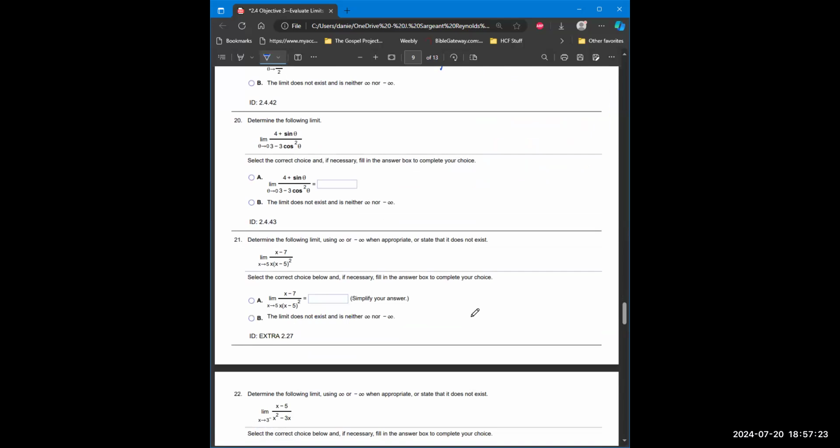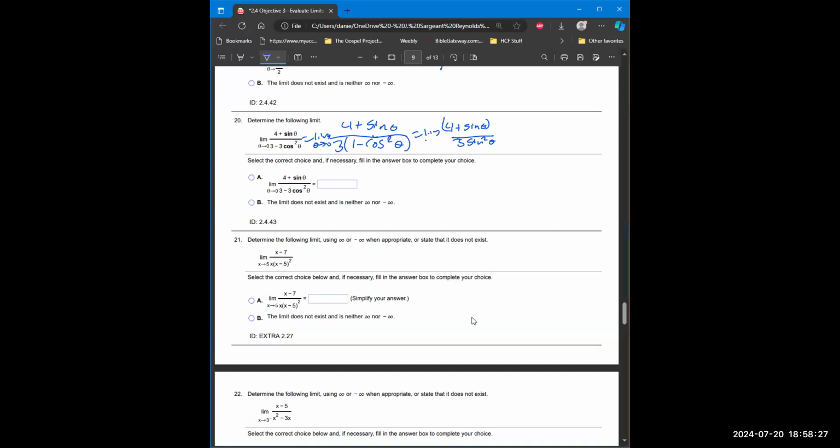Okay, let's keep going here with 20. As I get close to 0, that's 4 plus sine theta over 3 minus 3 cosine squared theta, which is 3 times 1 minus cosine squared theta, so 3 sine squared theta.